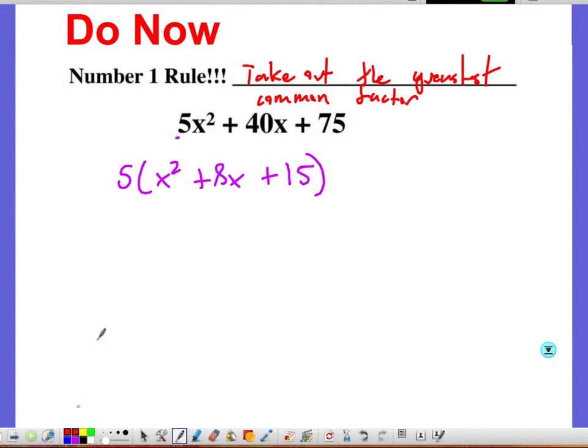Because when I distribute the 5 back, I get 5 times x squared gives me 5x squared. 5 times 8x gives me 40x, and then 5 times 15 should give me 75. Alright, so now that we took out the greatest common factor, what we can do now is concentrate on this quadratic equation and find out what two parentheses is going to be equal to.